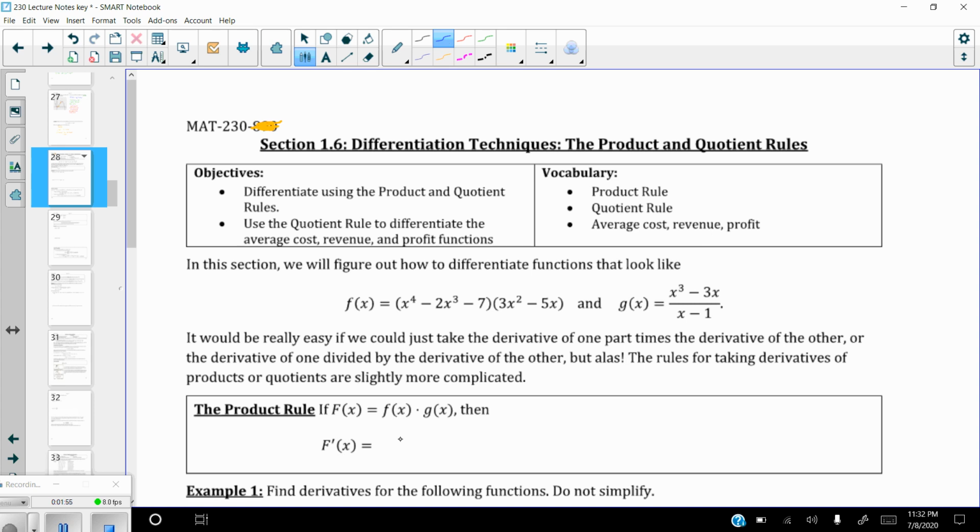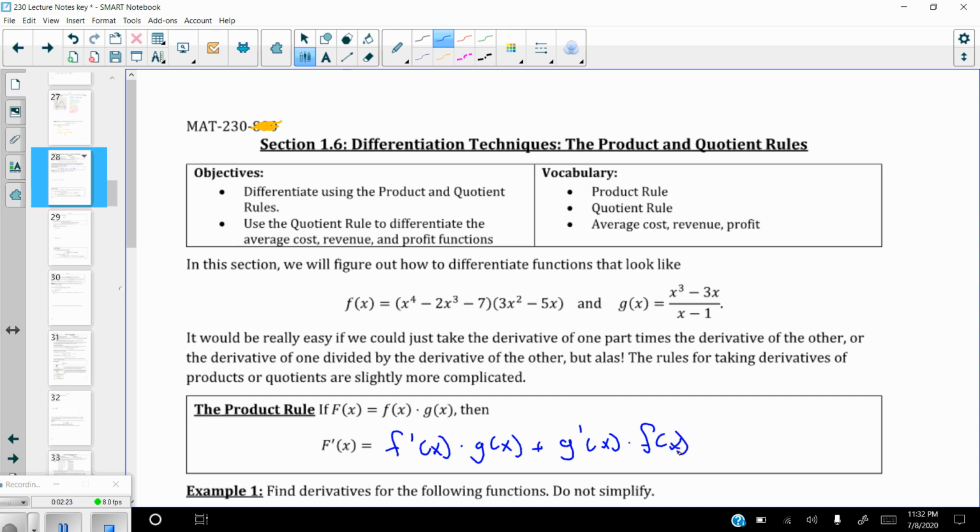But I write it as f prime of x. So you take the derivative of that first function, and then you multiply that by the second function, g of x. Not its derivative, just the second function. But then you add the derivative of that second function, and then you multiply that by the first function.